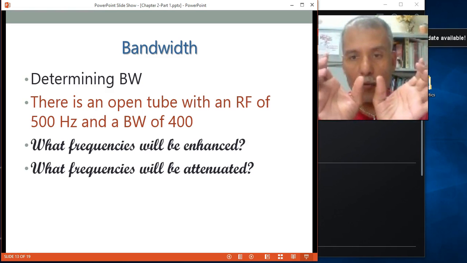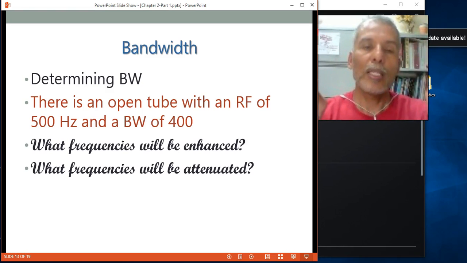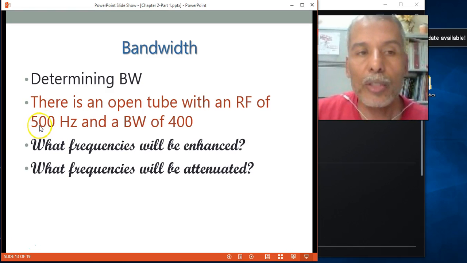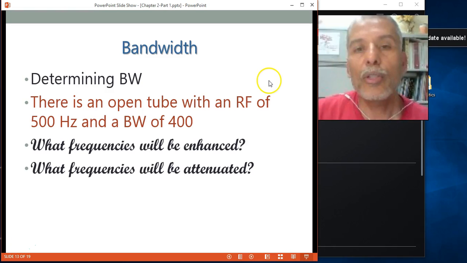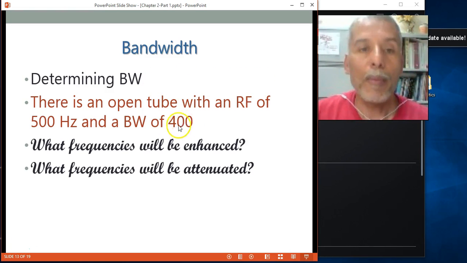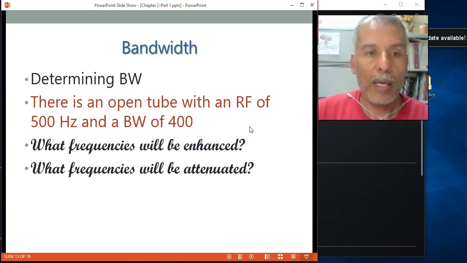So you split that 400, half on one side, half on the other side. So now you get 300 on the lower end and 700 on the higher end. And the entire range from 300 to 700 gives you the 400 of bandwidth. We'll do more examples in the class.